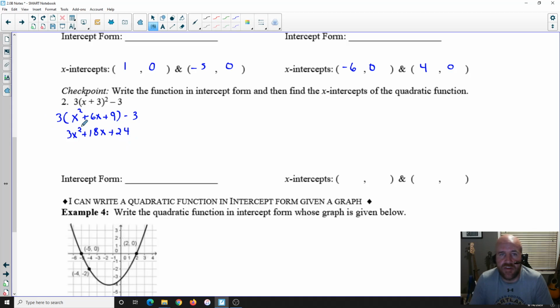It just so happens that it's the same factor that it was before, but we still have this negative 3 in here, so it's impossible to do it beforehand. So take a 3 out, so we have x squared plus 6x, and then 24 divided by 3, so 8.